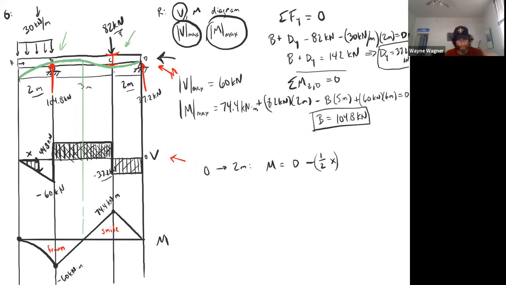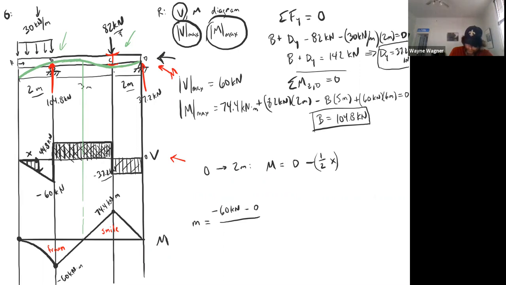Well, we need a rise over run here in order to get that height. Or what we can do is say, I know it's going to 60 kilonewtons from 0, so this is the rise. Or I guess it's going negative 60. And what was the run? This is the slope of that line.